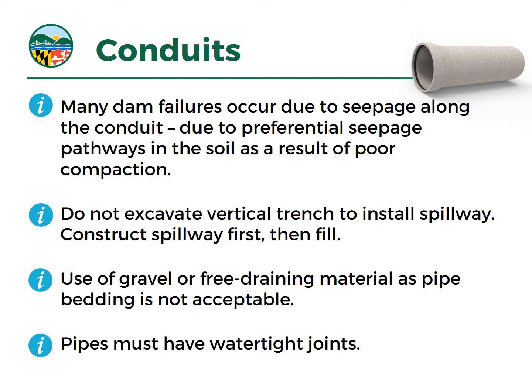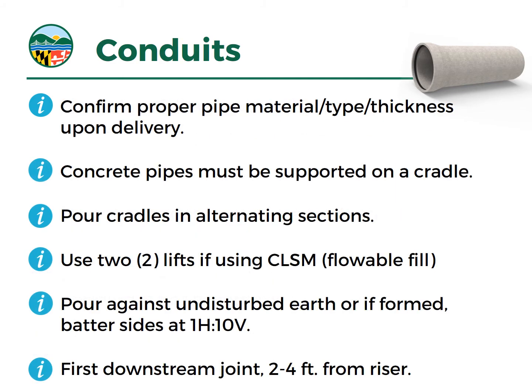For concrete pipe, we'd recommend ASTM C361 pipe as a good specification for your pipes for water tightness, but you can also have metal pipes and plastic pipes, and there are specifications discussing the water tightness of those joints as well. You always want to inspect the pipe to make sure it's the right type and thickness upon delivery.